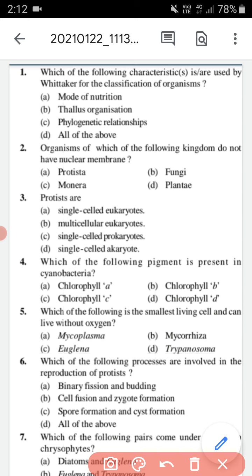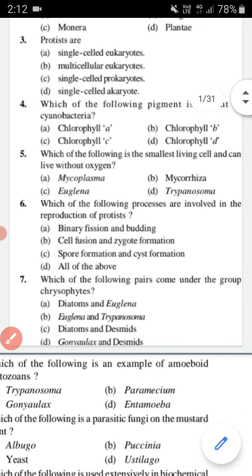Okay. Now we move to question number 4. Question number 4 is, which of the following pigment is present in cyanobacteria? As you know guys, cyanobacteria basically known as blue-green algae, and it have pigment A, chlorophyll A. So option A is correct. Now we move to question number 5.